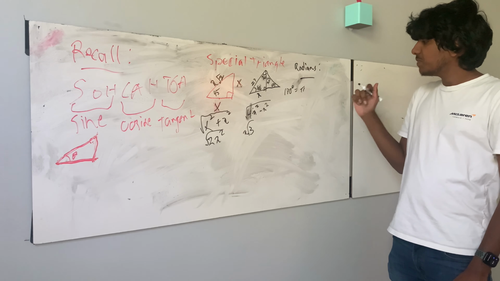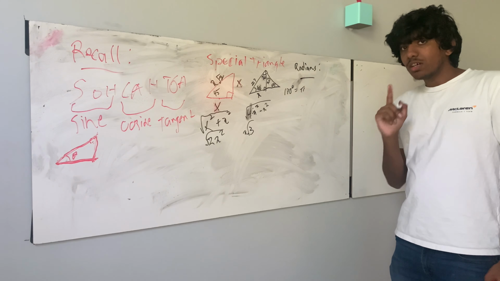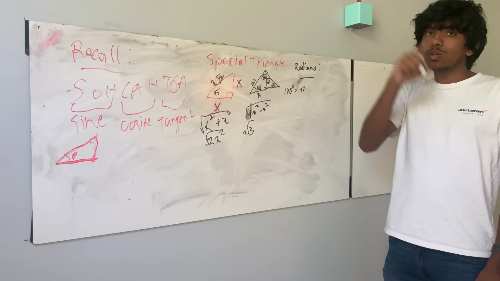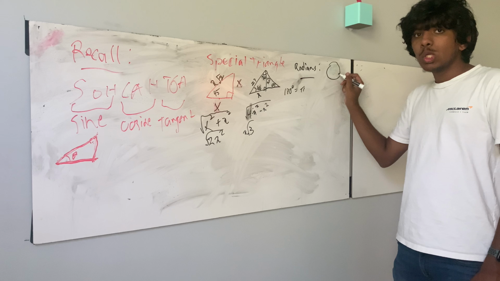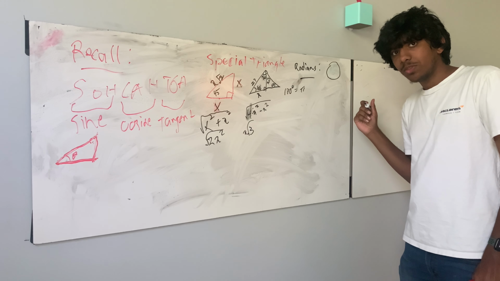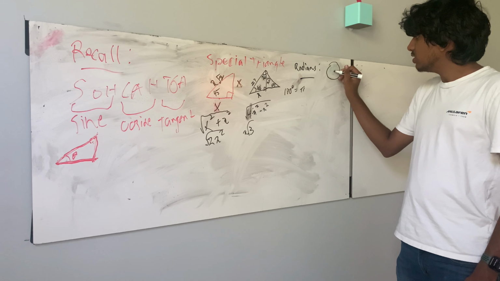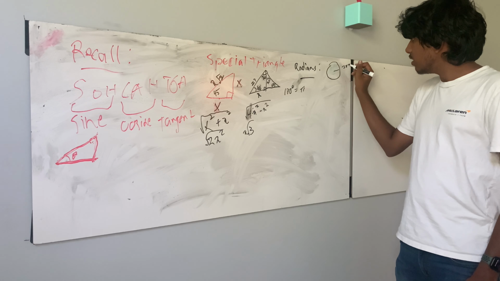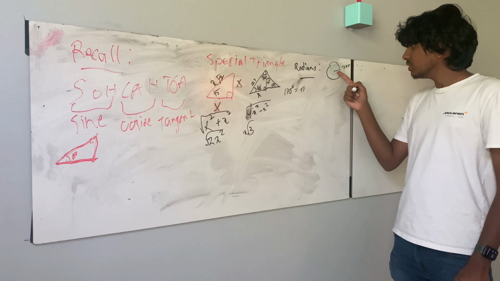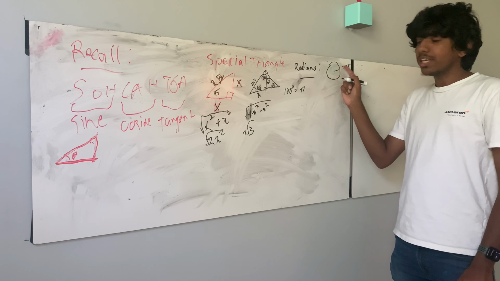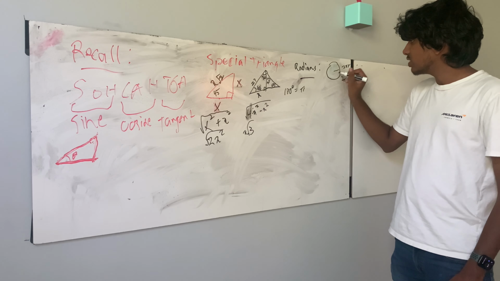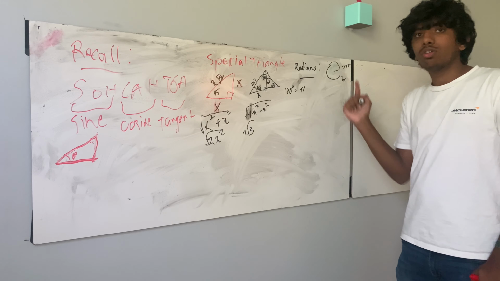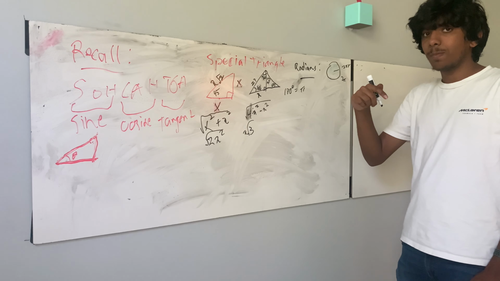It's basically how many radii of a circle you would take to go to that angle. So for example, going one full circle, you would do 2 pi radii, because the circumference of a circle is 2 pi r. So this entire circle angle would be 2 pi radians. Half of that would be pi radians, because you take pi radii to go halfway around the circle.